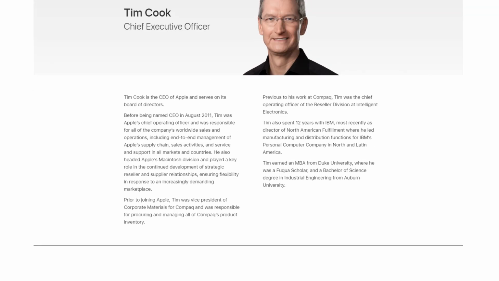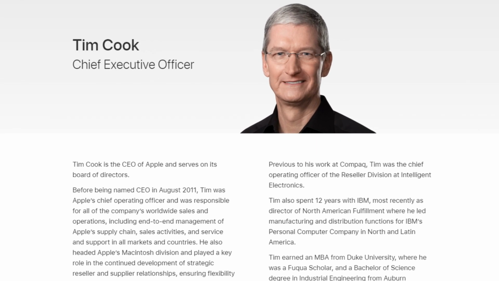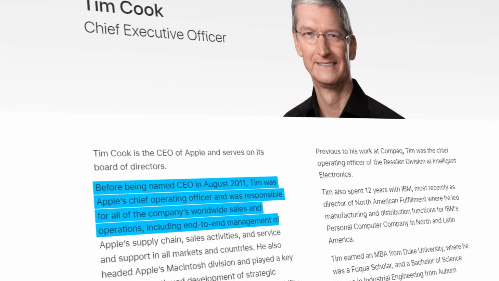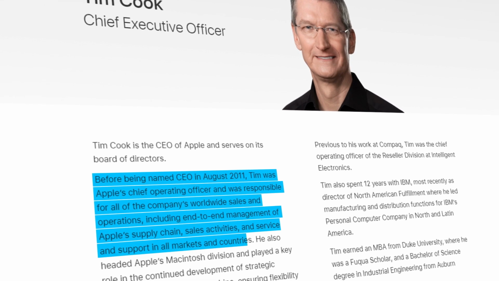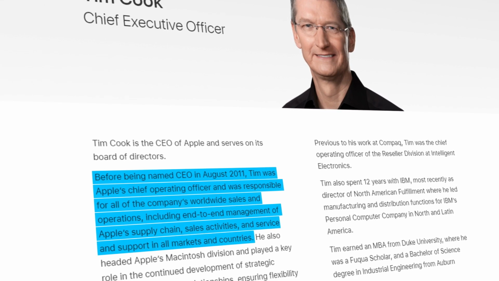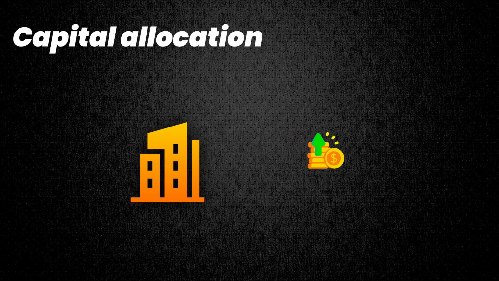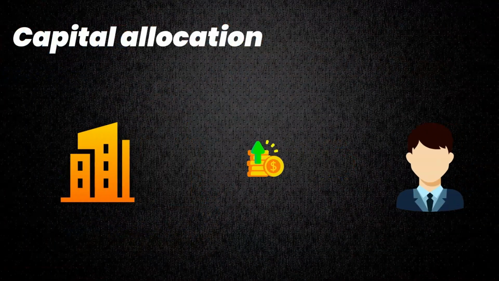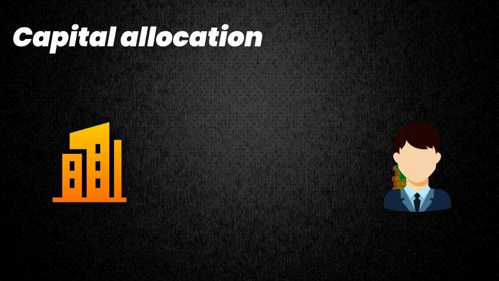Now, when it comes to the competence side, Warren Buffett really looks at the experience that the manager has had in the past, as well as their current vision for the company and the plans that they're integrating into the company. For capital allocation, Warren Buffett really looks at whether the management decides to reinvest profits back into the business to generate more revenue or to distribute those profits to the shareholders.